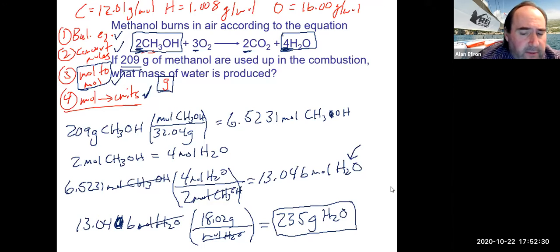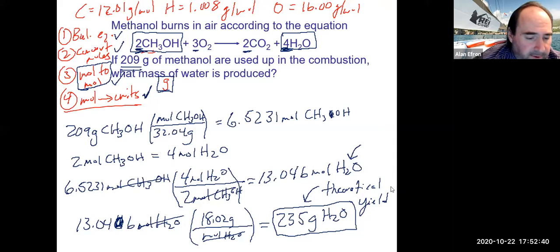This is also what would sometimes be referred to as the theoretical yield. The theoretical yield is basically the maximum amount of product that you should make in a reaction if everything went perfect. You weren't a klutz and spilled anything or lost anything, no side reactions. That's how much you technically should get out, is 235 grams.